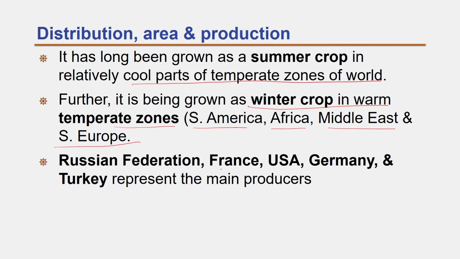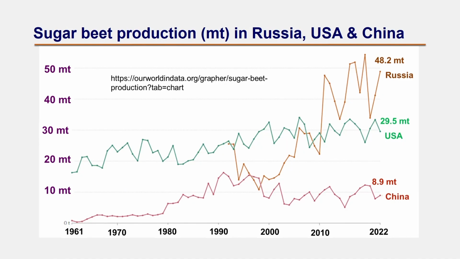Russian Federation, France, USA, Germany and Turkey represent the main producers at the international level. Now you can see the sugar beet production in million tons in Russia, USA and China. Russia is the largest producer of sugar beet, followed by USA and third is China.